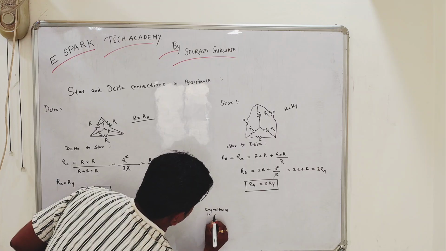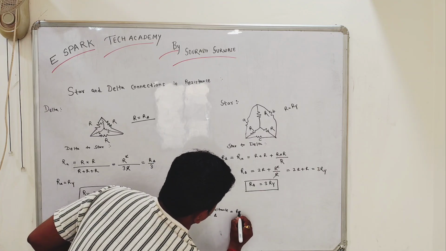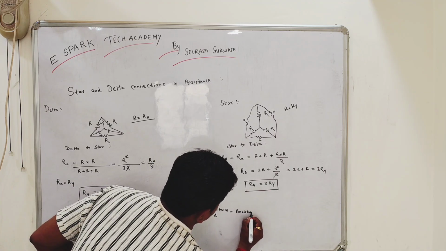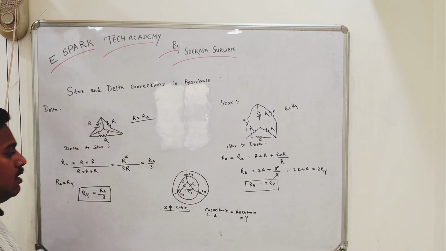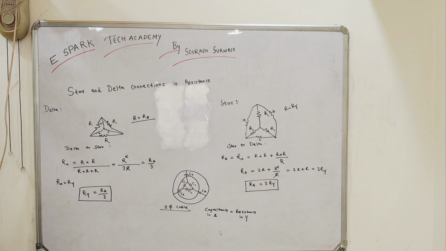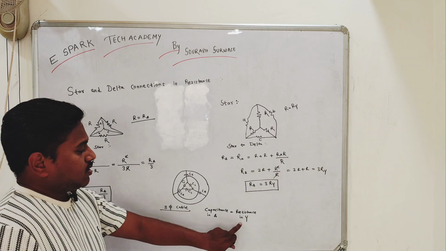Capacitance in delta is equal to resistance in star. Capacitance in delta is equal to resistance in star.